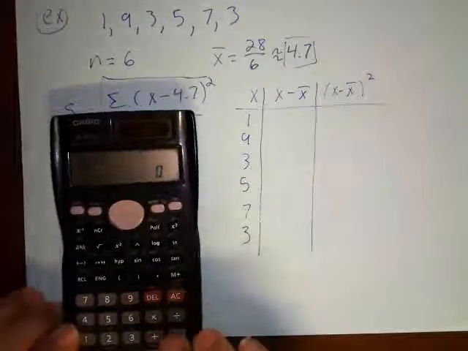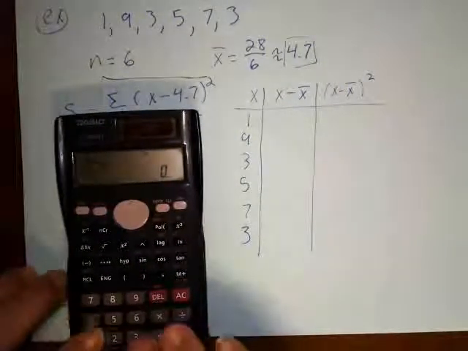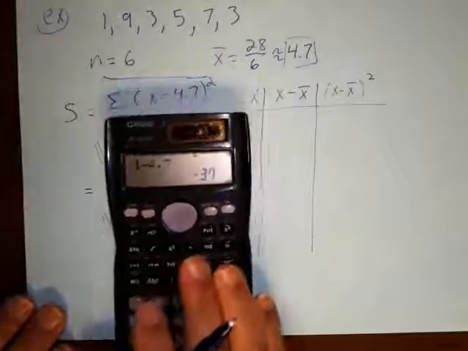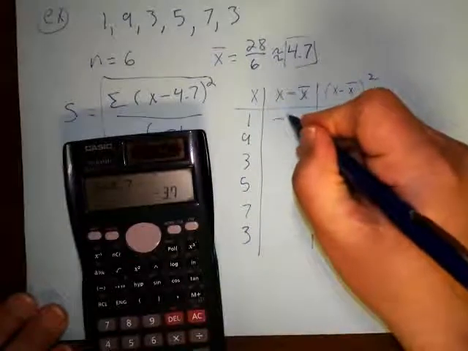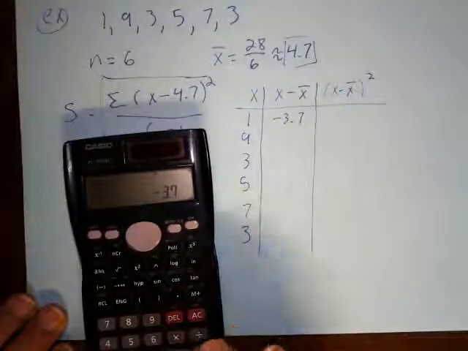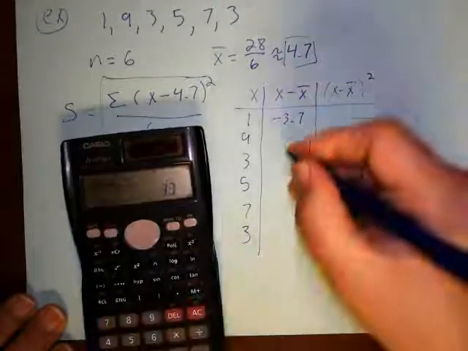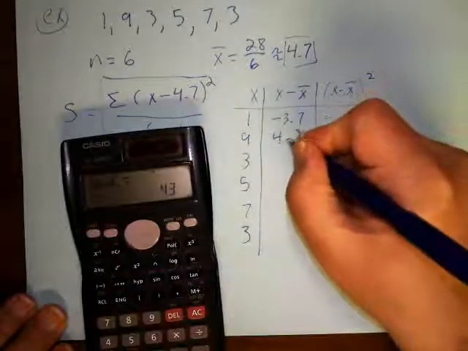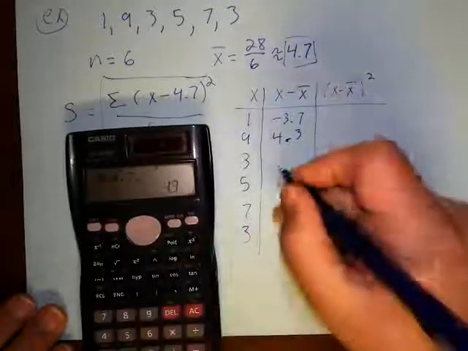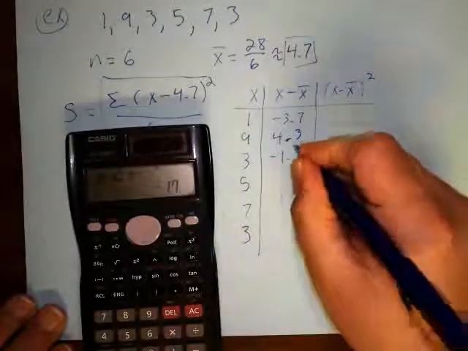So now I gotta subtract here. So I'll take 1 minus 4.7, and you see I get a decimal here. So this is negative 3.7. So 9 minus 4.7, this is positive 4.3. So 3 minus 4.7 is negative 1.7.